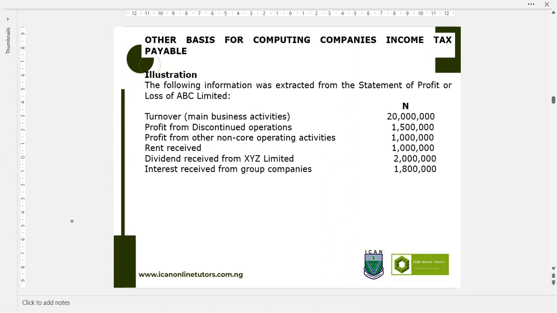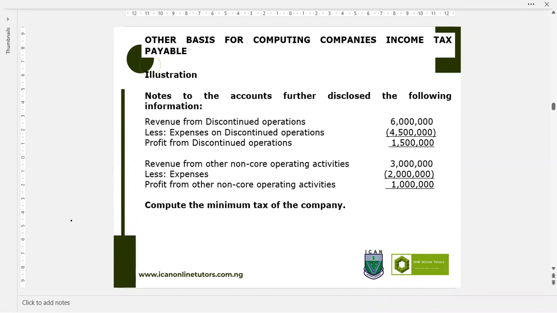Then we have profit from discontinued operations, profits from other non-core activities. Don't forget that our turnover is based on gross turnover. We have turnover from main business, so that's 20. Then we have rent received, so you add it to this. Then we have dividend received. Do we have any information that the dividend is a frank investment income?